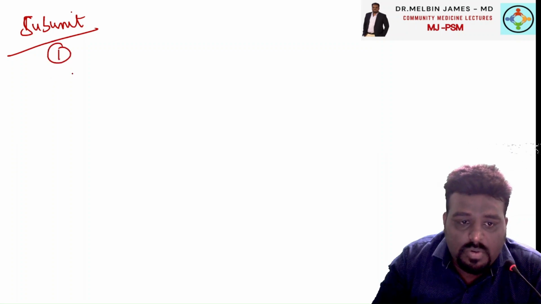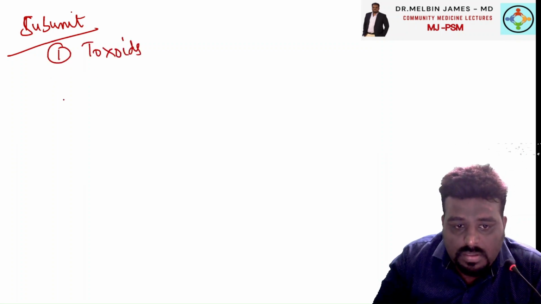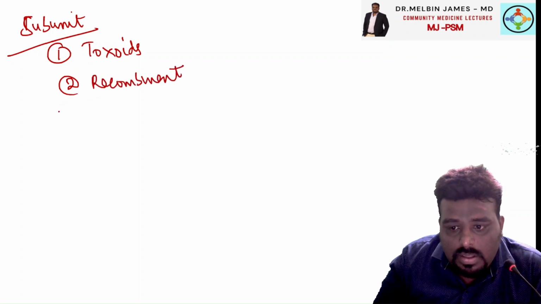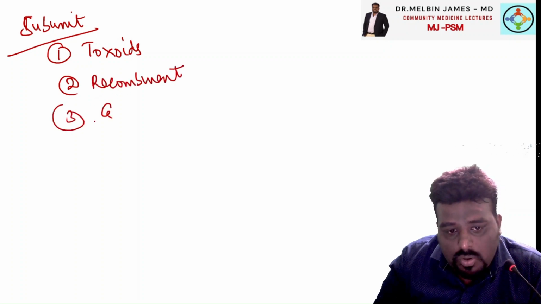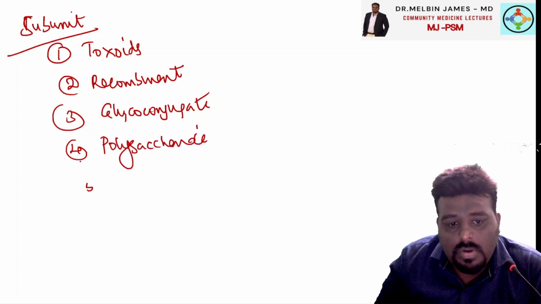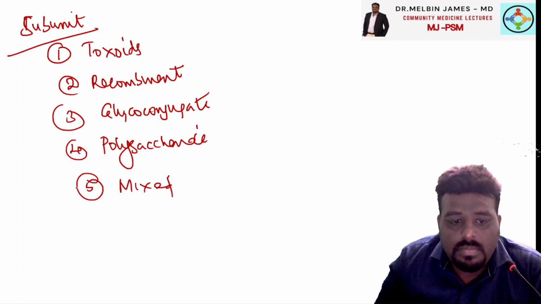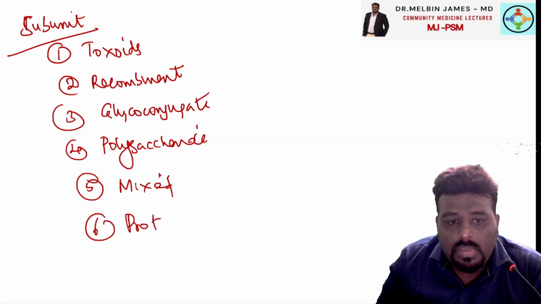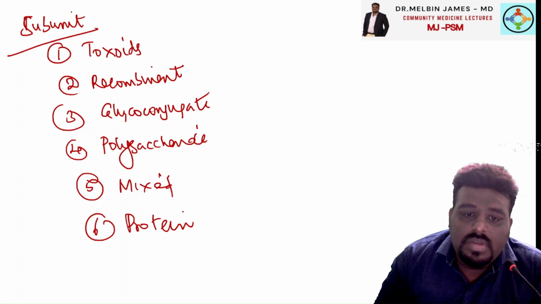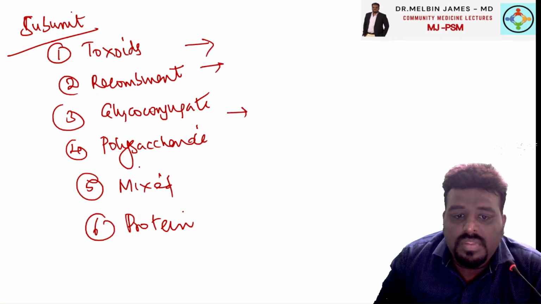Subunit vaccines can be toxoids, recombinant vaccines, glycoconjugate, polysaccharide vaccines, and also mixed protein vaccines. So we have these many types under subunit vaccines, and we must know examples of each.